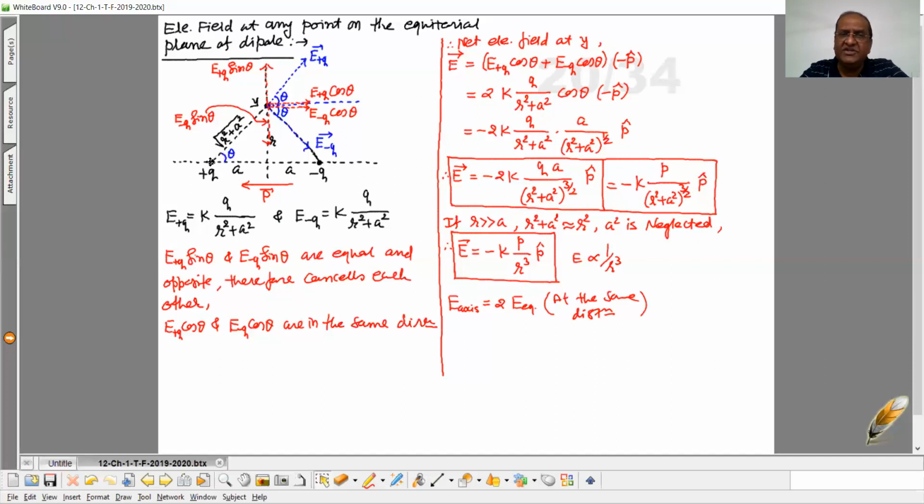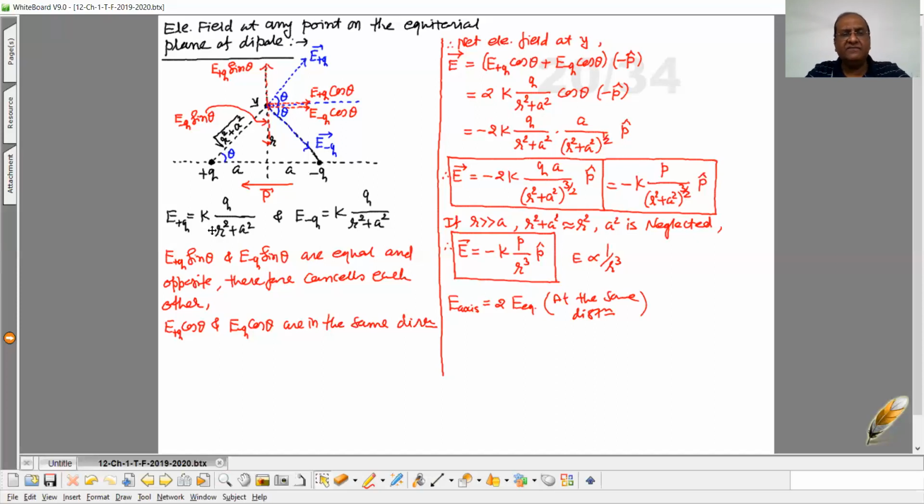So from each charge, this particular point will be at a distance under root r square plus a square as per Pythagoras theorem. Clear? Now, E due to plus q charge. So magnitude wise, we can write kq upon distance square, so kq upon (under root r square plus a square) whole square.